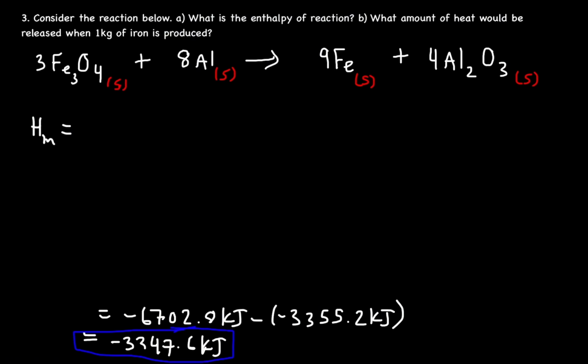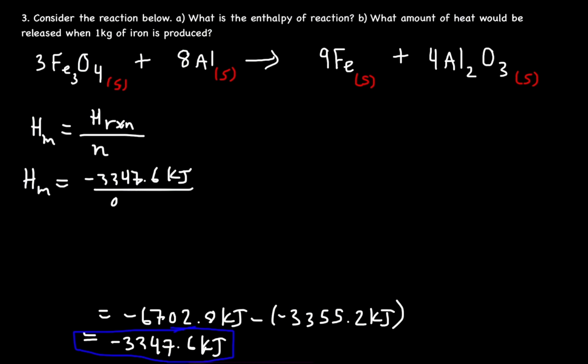So the molar enthalpy is equal to the enthalpy change of this reaction over the mole. So the molar enthalpy is equal to negative 3347.6 kilojoule over, and there's 9 mole of iron, as you could see here.